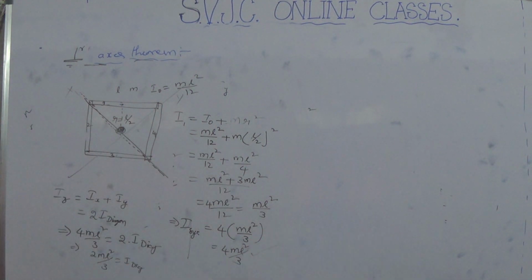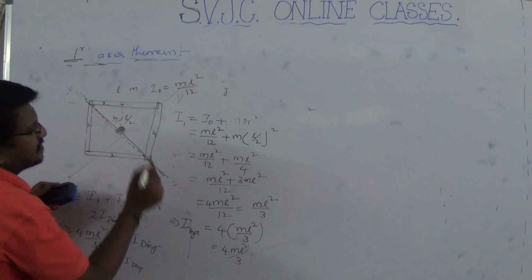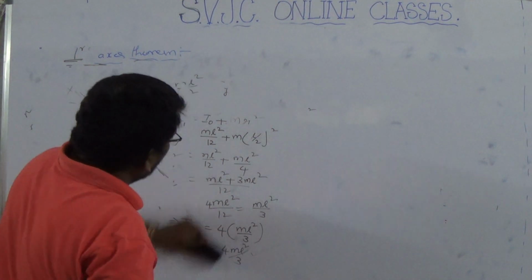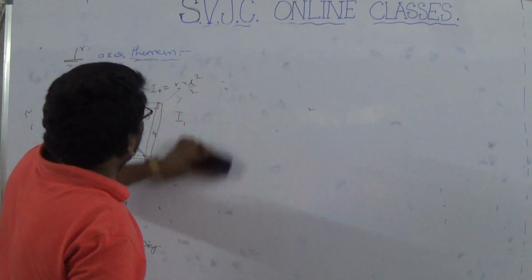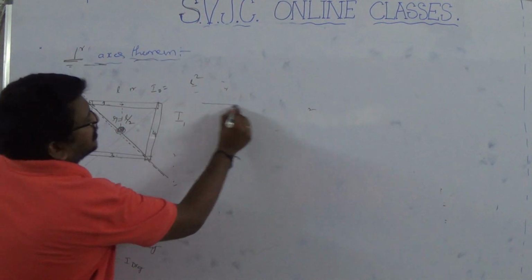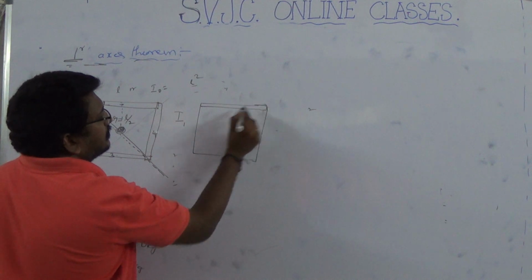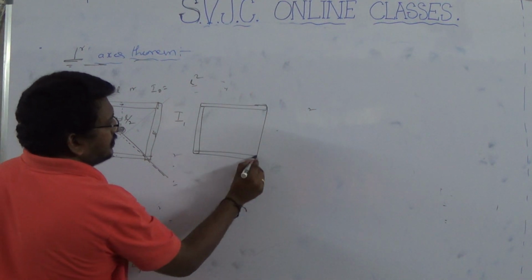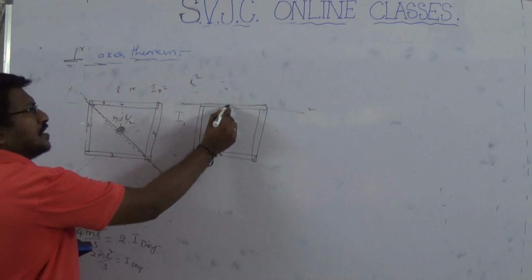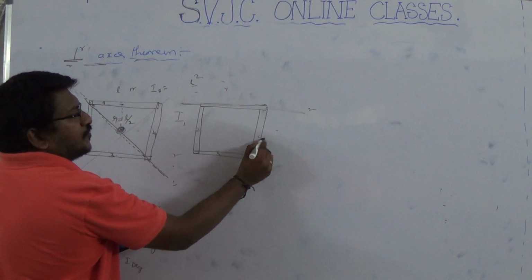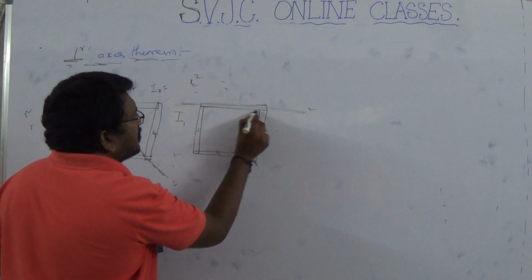For example, what is the moment of inertia of these rods with respect to this axis? First rod, second rod, third rod, fourth rod. With respect to this axis, the first rod is on the axis.